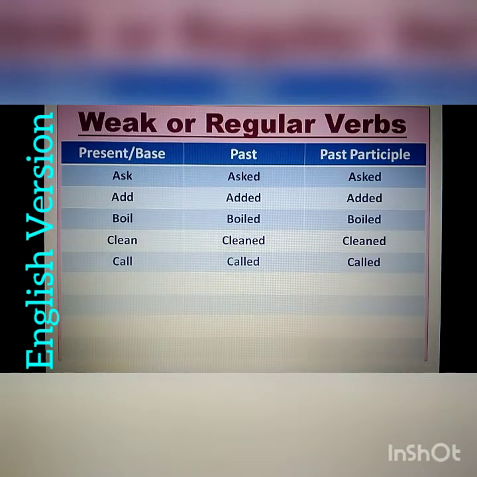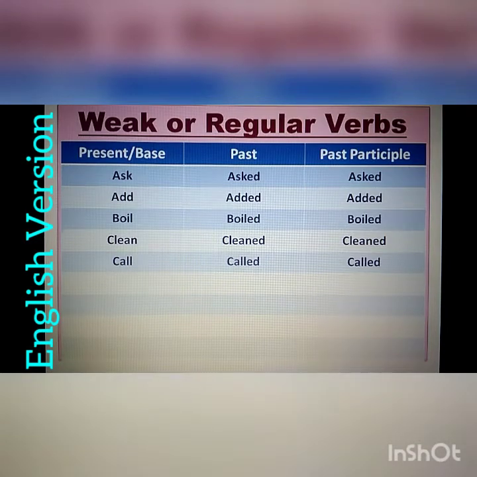because while constructing correct sentences irrespective of tenses, we shall need all these. Past forms are used in case of past tense and past participle forms are used in case of perfect tenses. In all the tenses, present, past and future, the past participle forms of verbs are to be used.